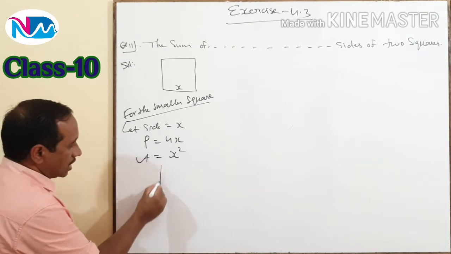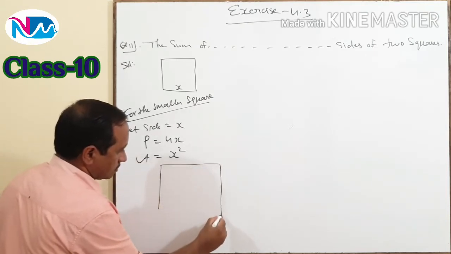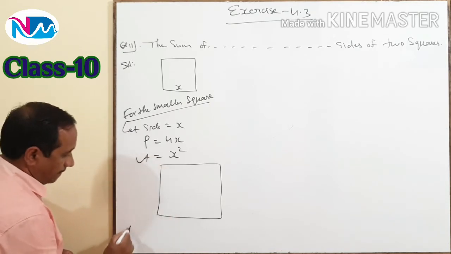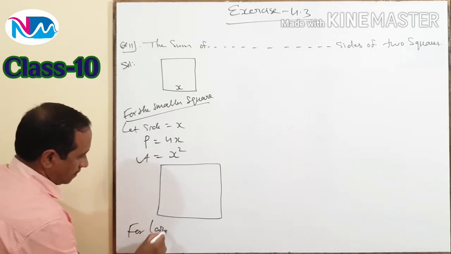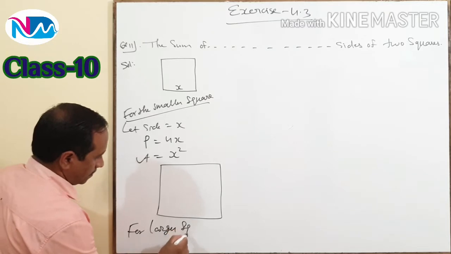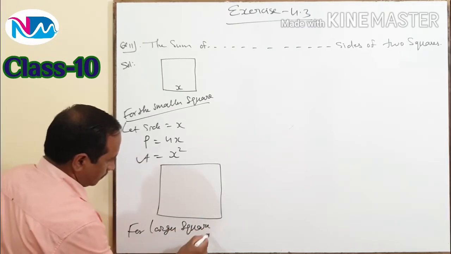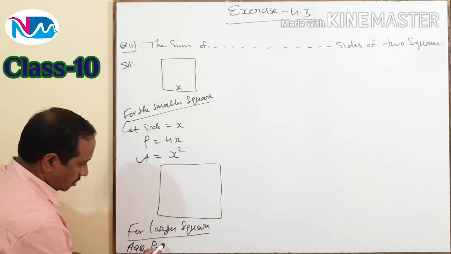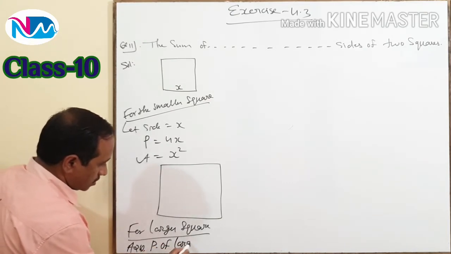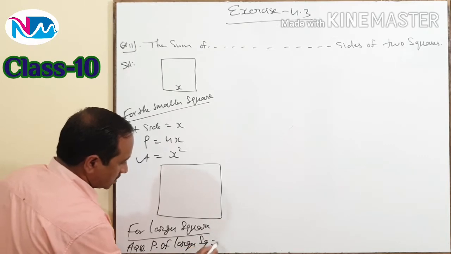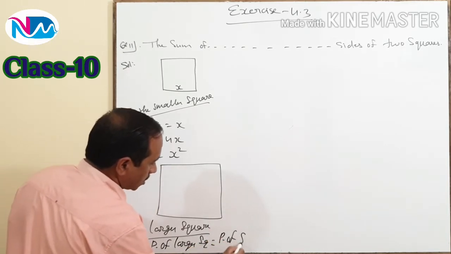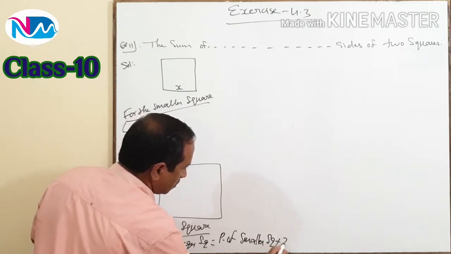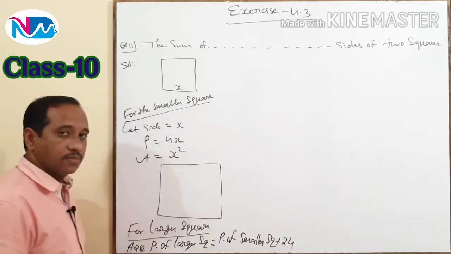Now we have a larger square. According to question, perimeter of larger square is equal to perimeter of smaller square plus 24.